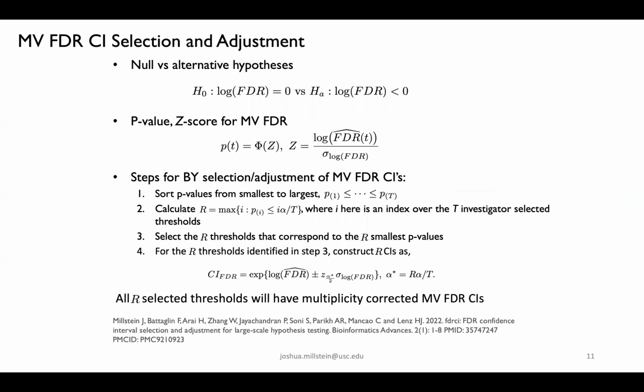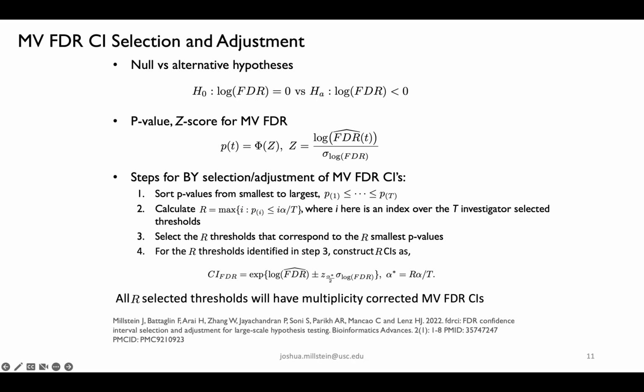So the way that I chose to address that problem was to think about the null for FDR, and the natural null to choose would be that the global null is true. The global null is that FDR is actually equal to 1, right? So if there are any discoveries, all of those discoveries would be false. That would be the global null. Another way of saying that would be log of FDR is equal to 0.